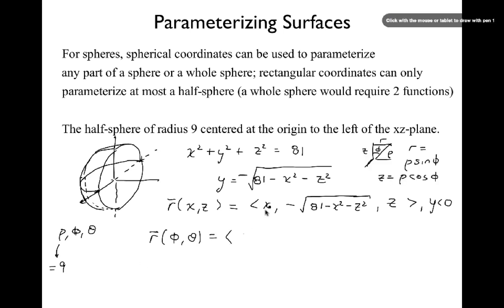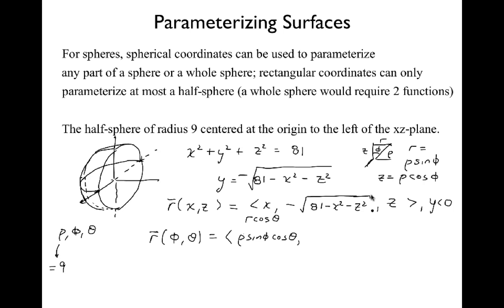So our x-coordinate, we know, is r cosine theta. And r, remember, what is r? r is rho sine phi. So we're going to have rho sine phi cosine theta.